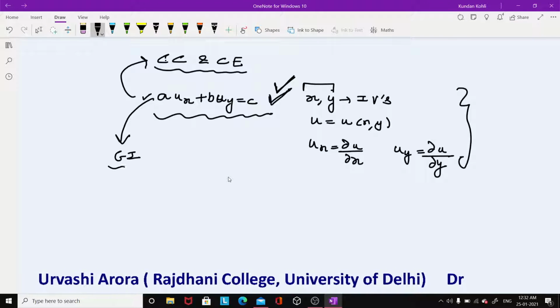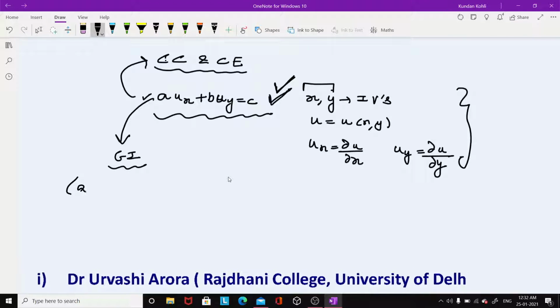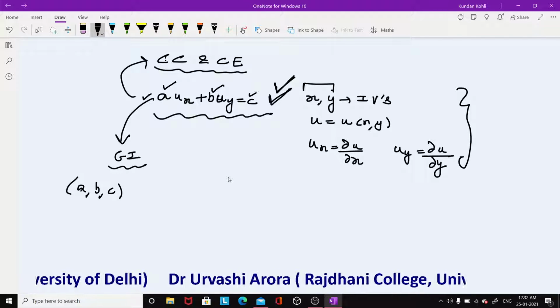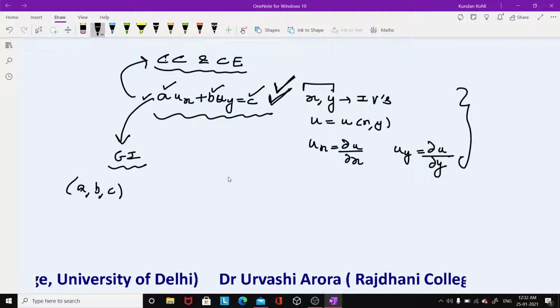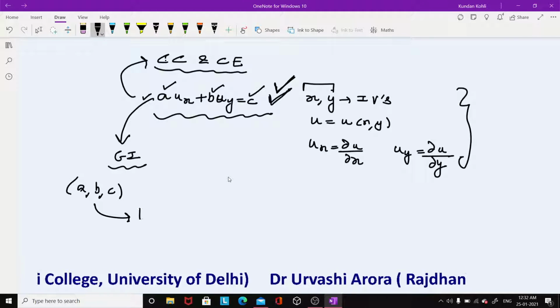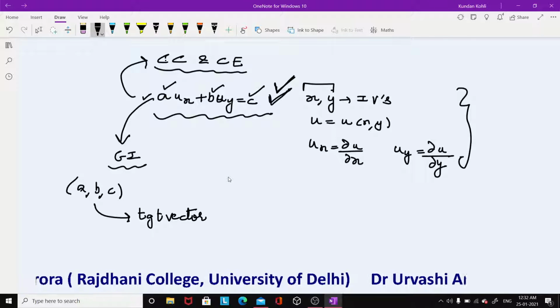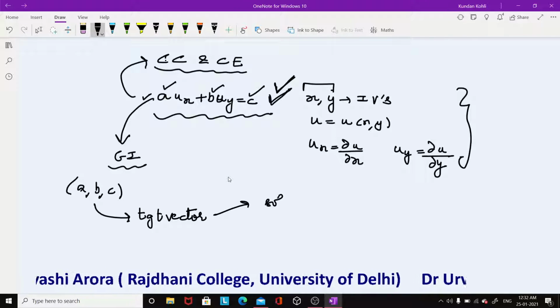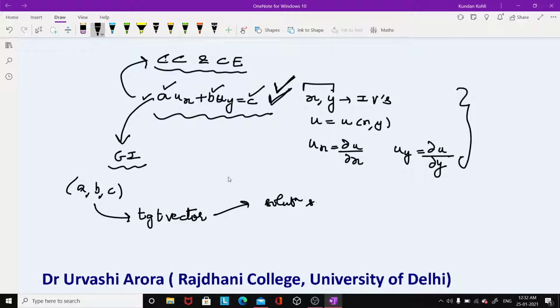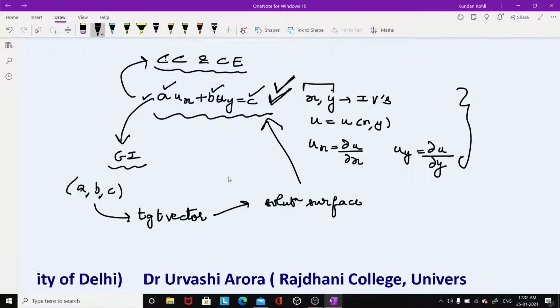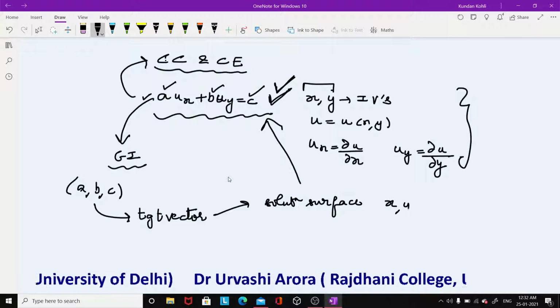For the geometrical interpretation, we consider the vector (A, B, C), where A, B, C are coming from the first order quasi-linear partial differential equation, and we have seen that this is a tangent vector to the solution surface or the integral surface of this partial differential equation at the point (x, y, u).